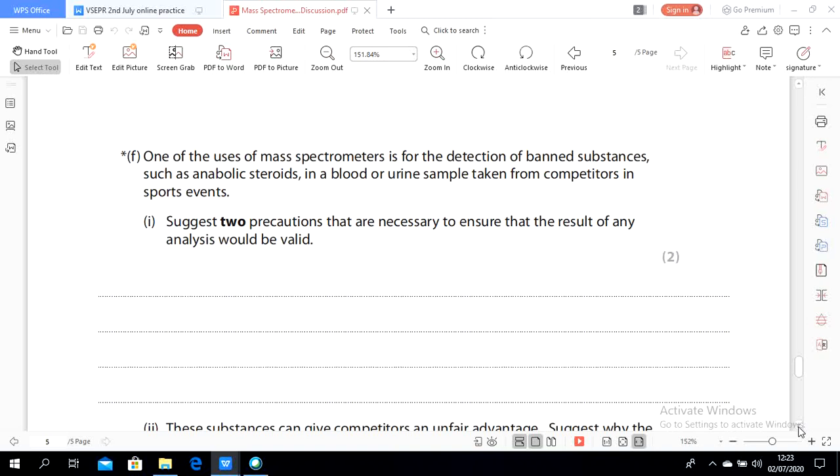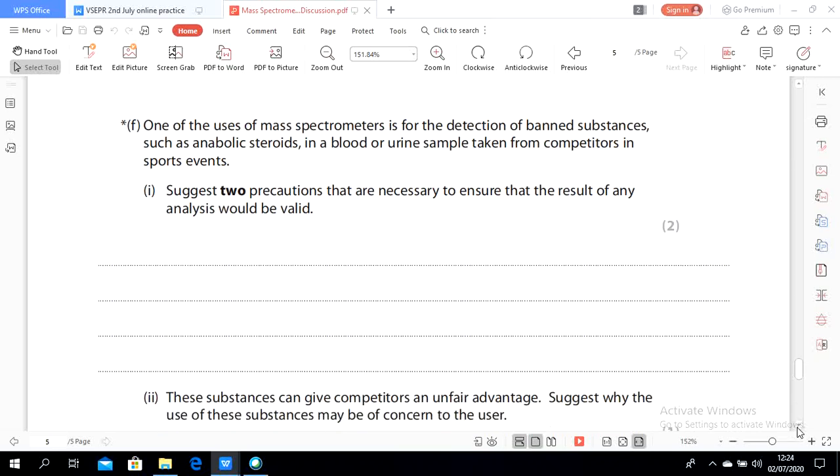No heat loss or heat gain, no reaction occurring. And then the sample has to be labeled properly, and the sample must be kept under controlled temperature. And also the result has to be repeated and then averaged for the reliability of the test.